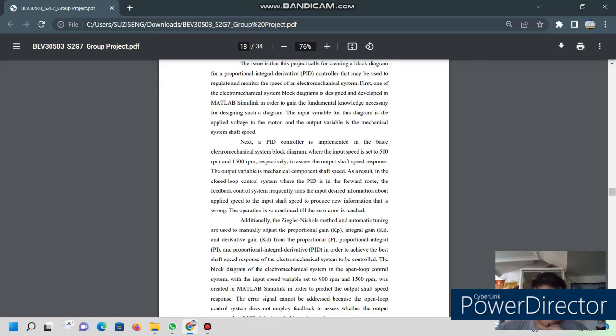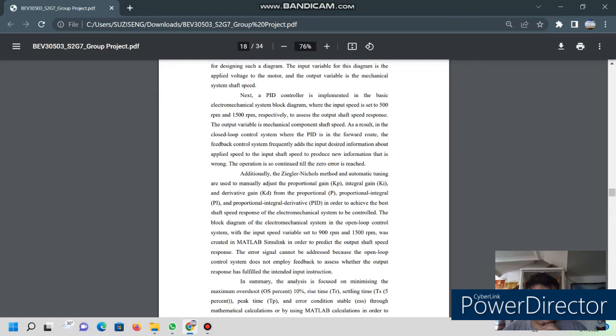The output variable is the mechanical component shaft speed as a result in the closed loop control system, where the PID is in the forward path. A feedback control system frequently adds the input with information about the applied speed to produce new information. The operation continues until zero error is reached.